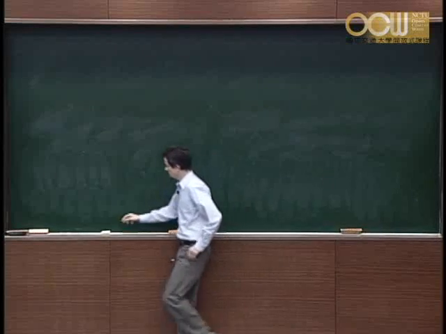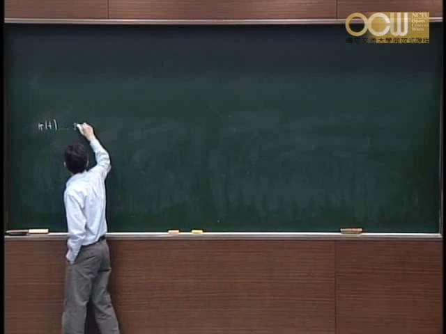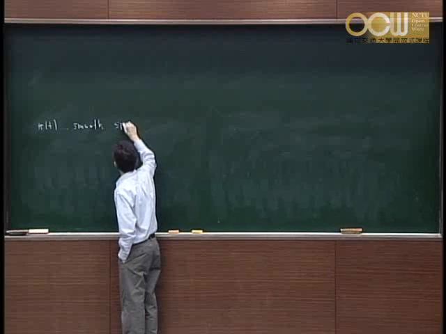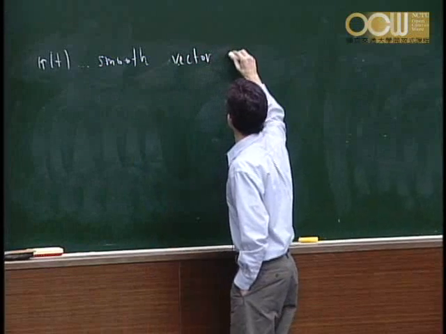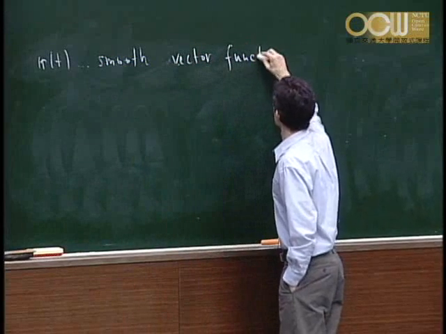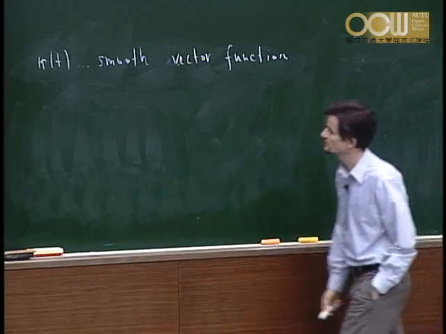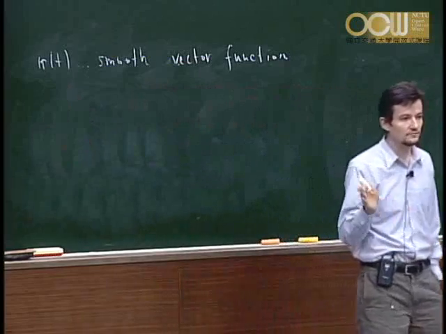Now let's say we have given a smooth space curve or vector function. Smooth once more means that the derivative is never equal to 0.